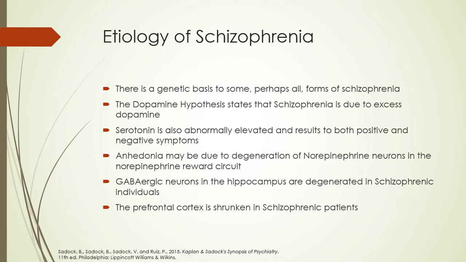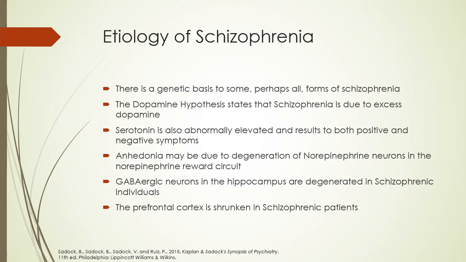They found out that in the brains of patients with schizophrenia, there is a relative decrease in acetylcholine and a relative increase in the levels of dopaminergic neurons.